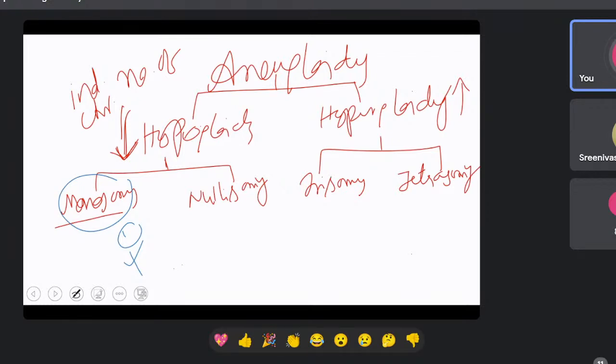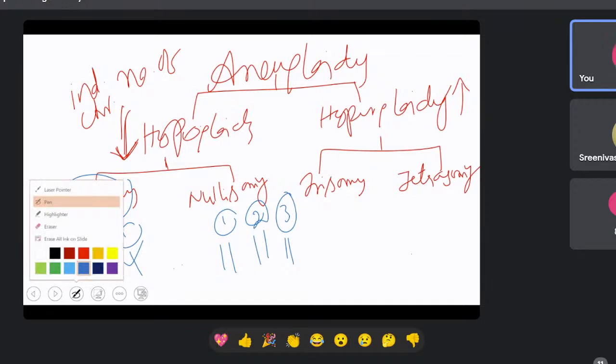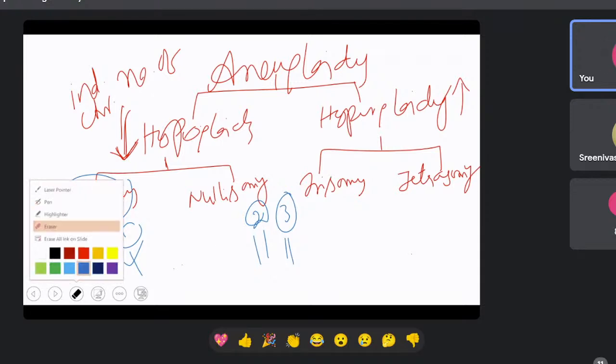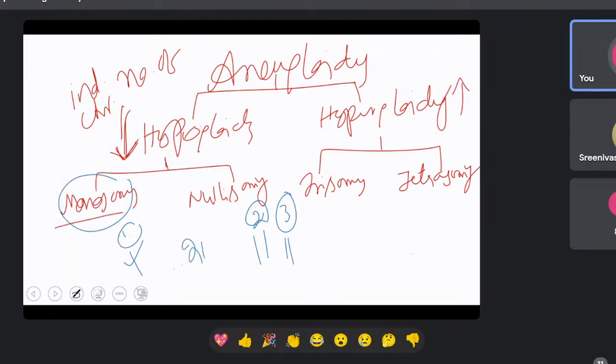If the maternal chromosome is lost, the paternal chromosome is present. But in nullisomy, both the homologous chromosomes of a pair are completely lost. Then the formula is 2n minus 2.